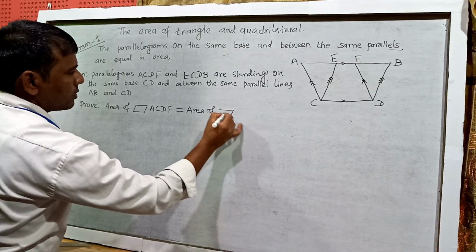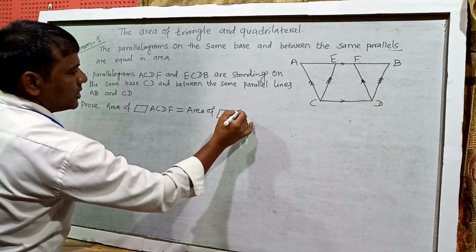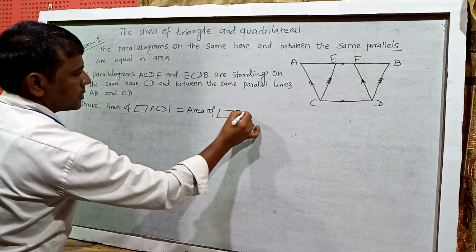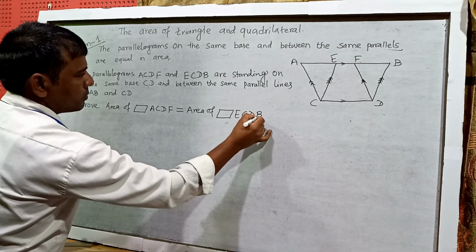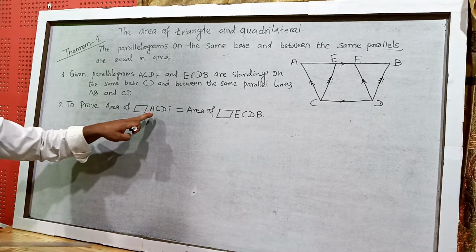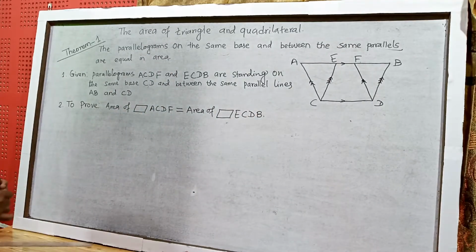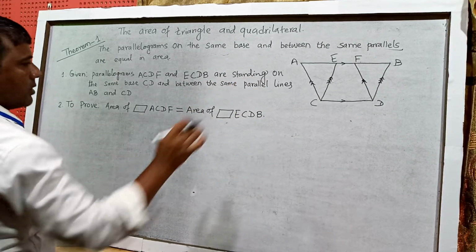We should prove the areas of these two parallelograms are equal.